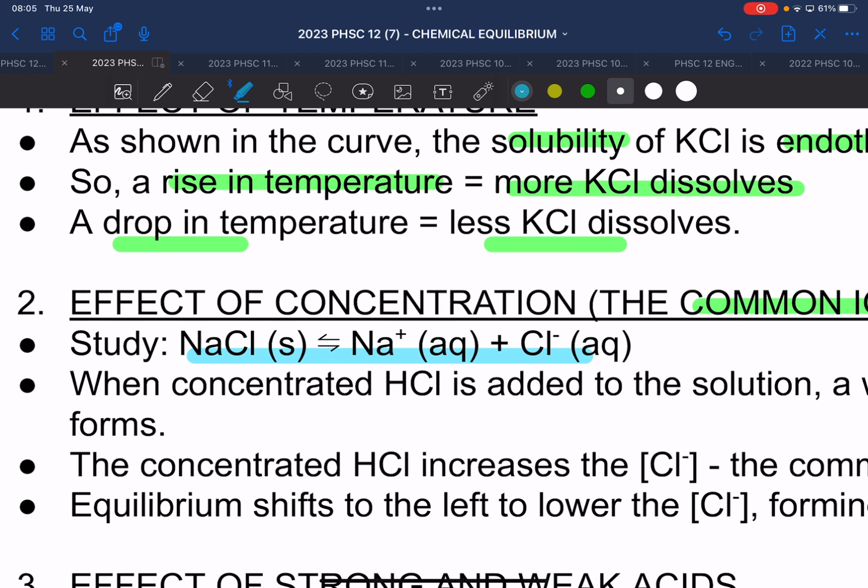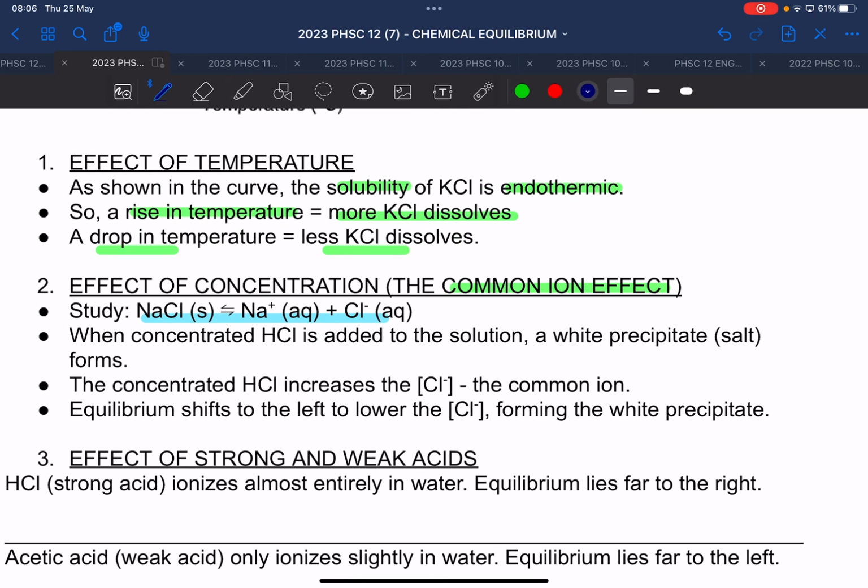Now, if we want to go back, if we want to produce more salt, then we can add an ion that is common, that is the same. So I do not have to add sodium and chloride. What I can do is get the chloride ion from hydrochloric acid, aqueous.